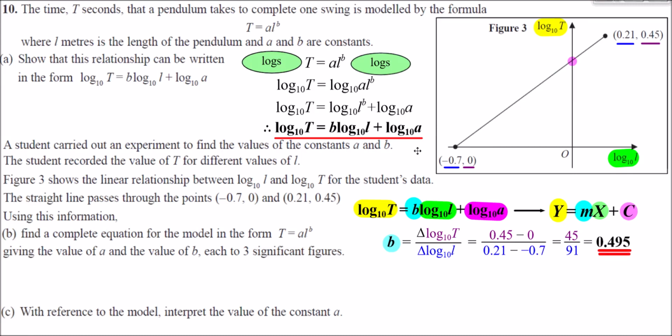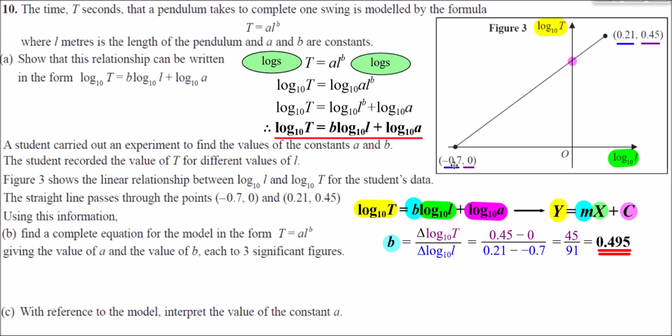Now to work out c, which is the y-axis intercept, we can input one of these coordinate point pairs we know, either minus 0.7 and 0, or 0.21 and 0.45. We can input either of those for log base 10 of L and log base 10 of t respectively.